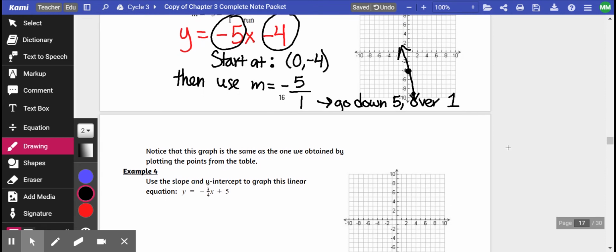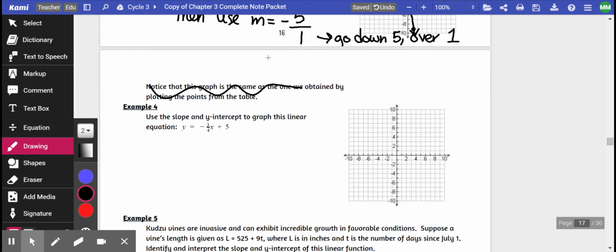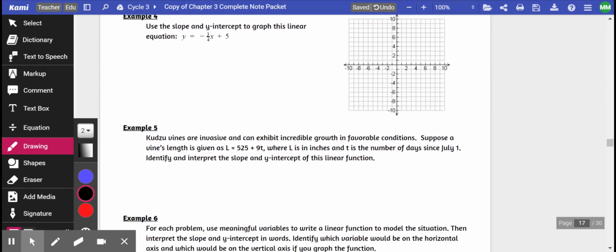Okay, we're going to go ahead and jump to example 4. This one, the same idea is going to work for graphing this one. You're going to start at your y-intercept. So for this one, we're going to start at 0, 5. That's the y-intercept.